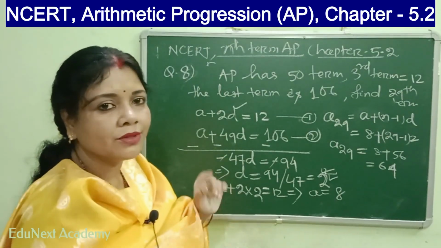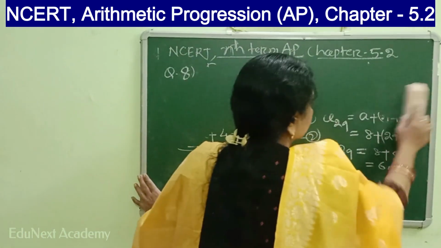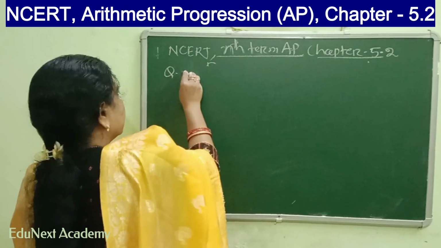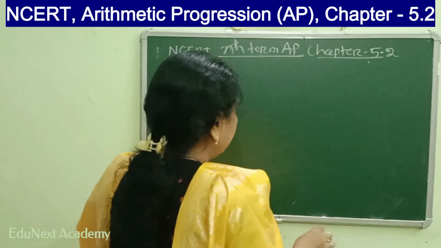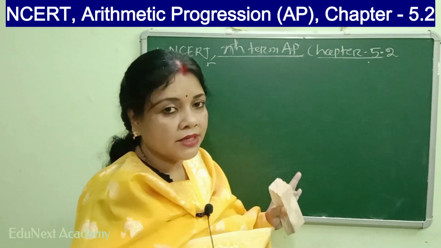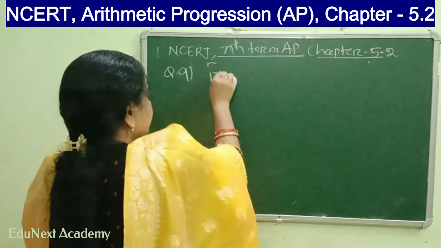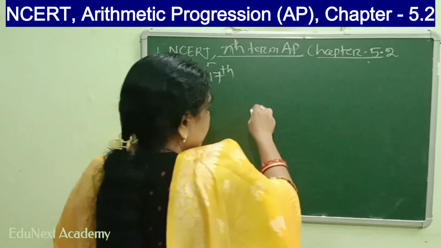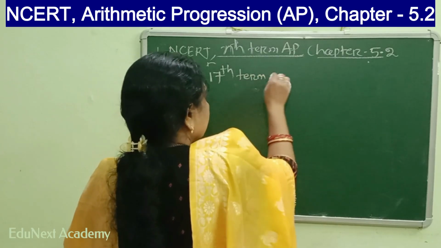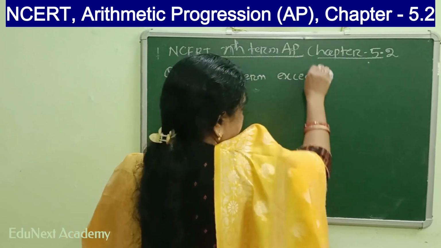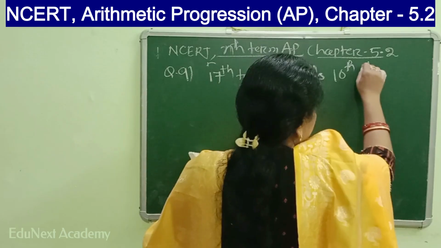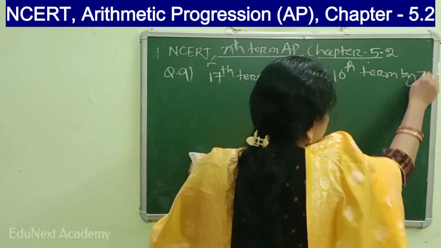Now let us solve question number 9. Question number 9 is given. It is a very interesting question, and you need to watch mindfully. So the 17th term exceeds the 10th term by 7.